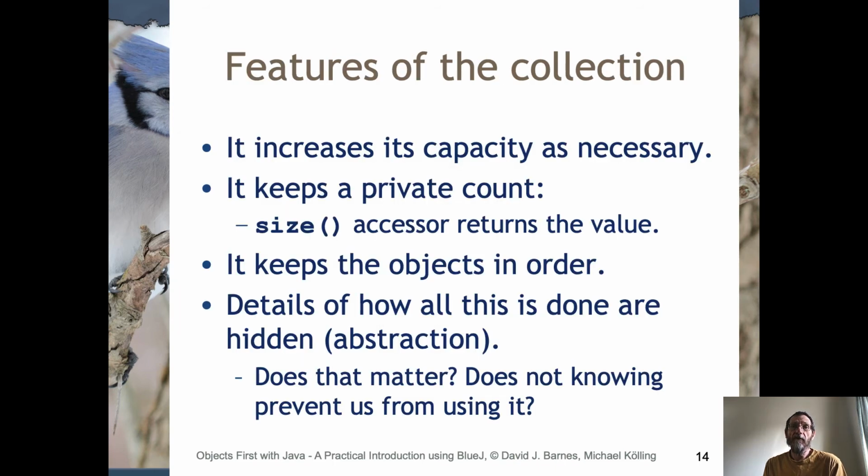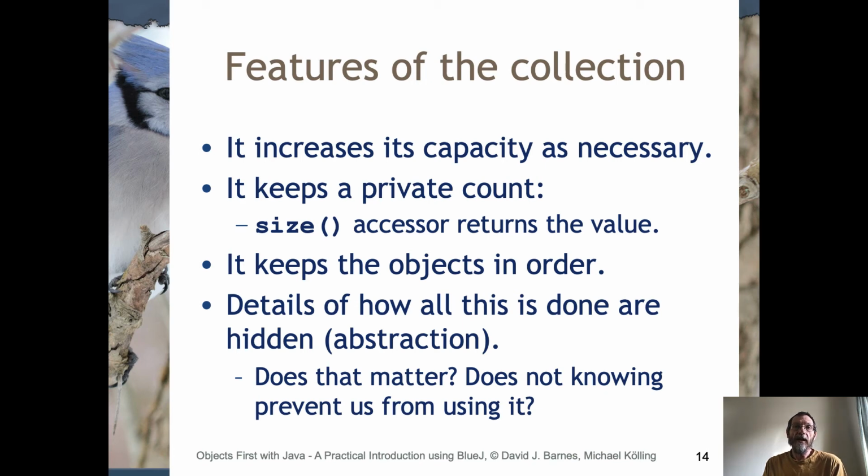So an important feature of the collections that are defined and available from the java.util package is that they keep on increasing their capacity as necessary. We can go on and on, adding items into the collection within the limits of the machine that we happen to be running our program on, but there's no fixed size, no fixed limit to an ArrayList or any of the other collections that we might be choosing to work with.